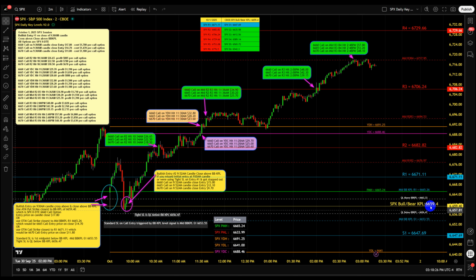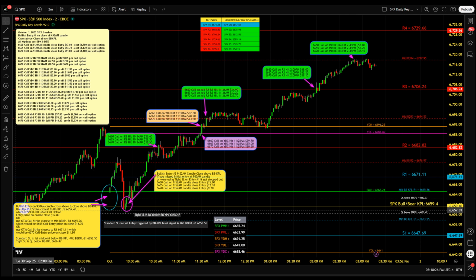So an at the money is 66.60, slightly out of the money 66.65, and the furthest out of the money call you should consider for a play that is triggered off of the bull bear key price level on a bullish entry would be the strike closest to the R1 level, which is 66.70 call.